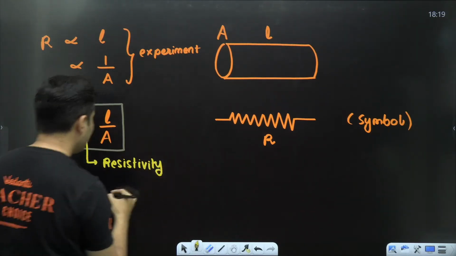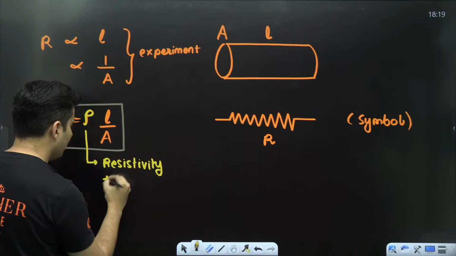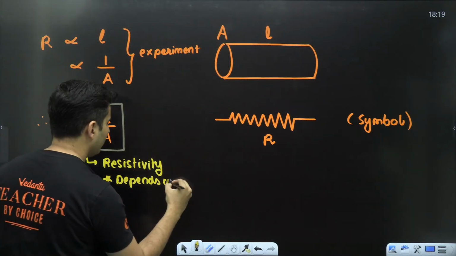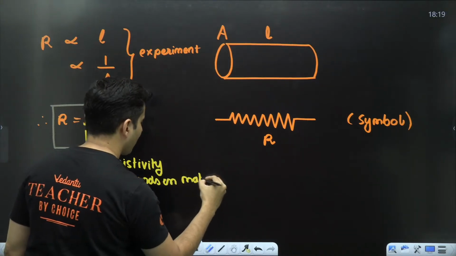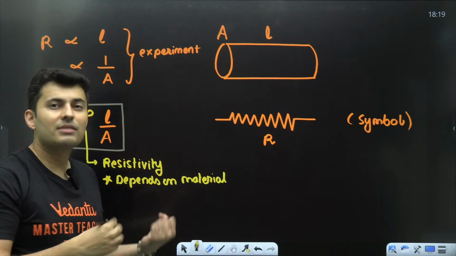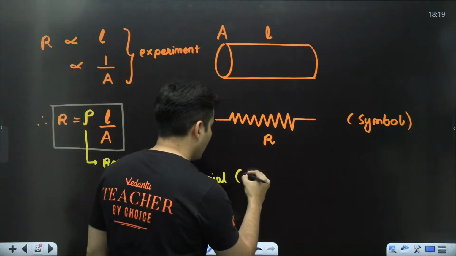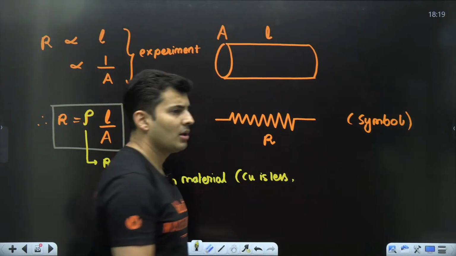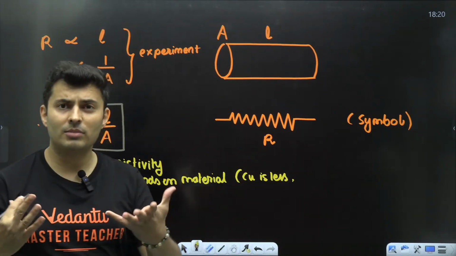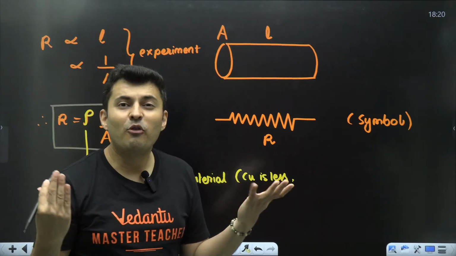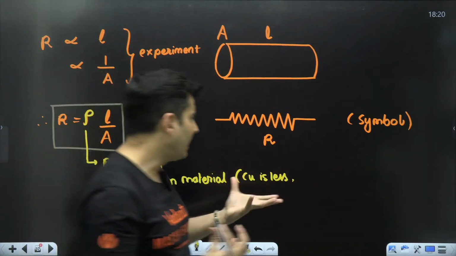Resistivity depends completely on the material. Like for copper, it is very, very less. But for some other object, maybe like rubber, which is a very, very bad conductor, it will be very, very high.